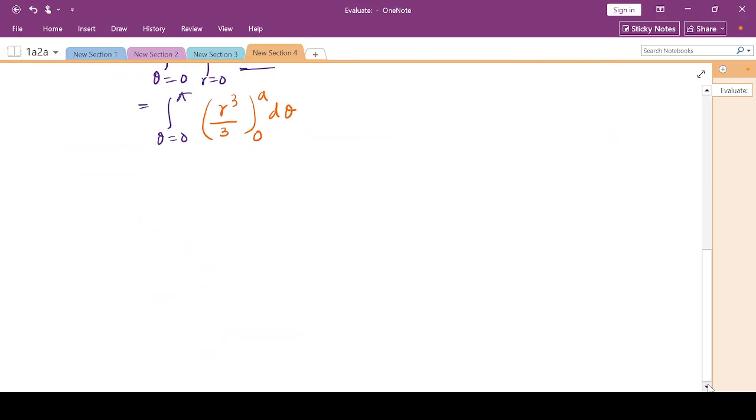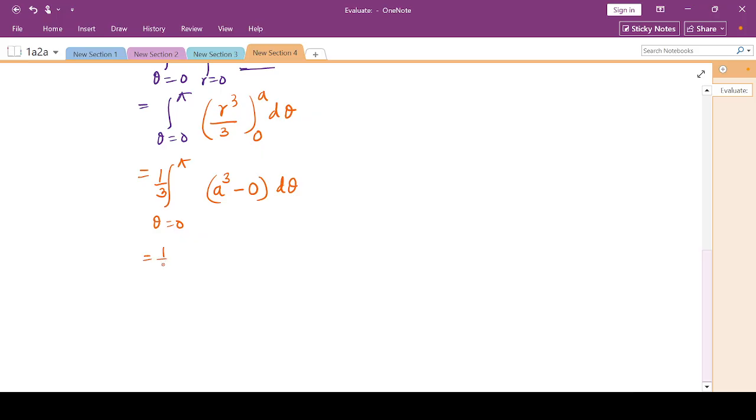So this is equal to the integral with theta running from 0 to pi. Take 1 by 3 outside because it is a constant. Substitute the upper limit, r is a cube, minus the lower limit 0 cubed, which is 0, into d theta.